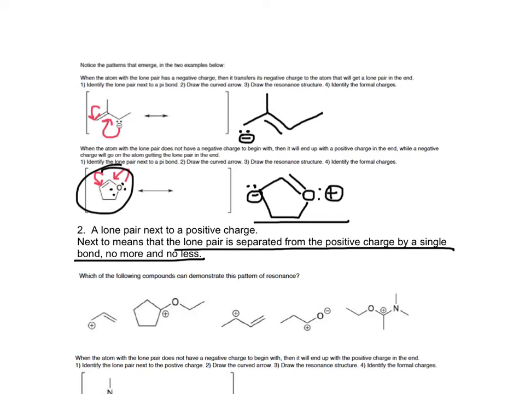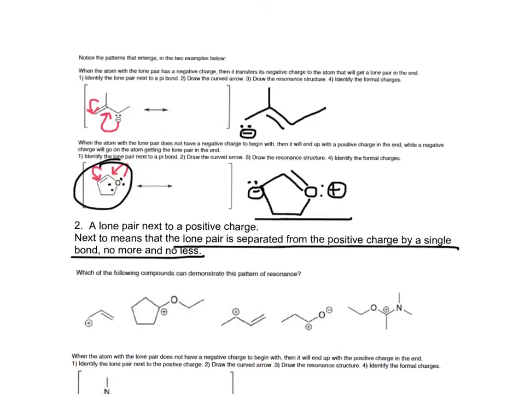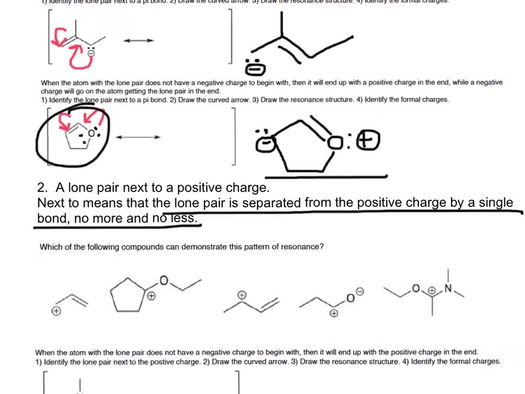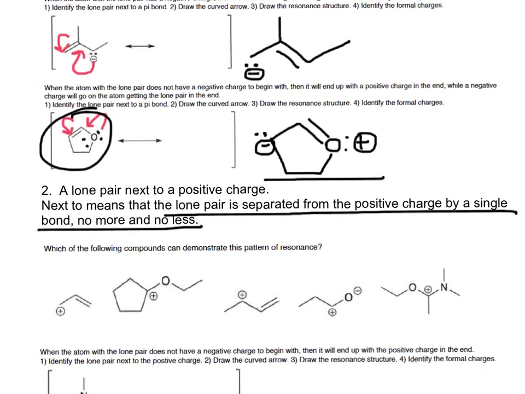So if we come to the first structure, we can see that we have a positive charge, one single bond, and then a pi bond. So this demonstrates the second pattern of resonance.